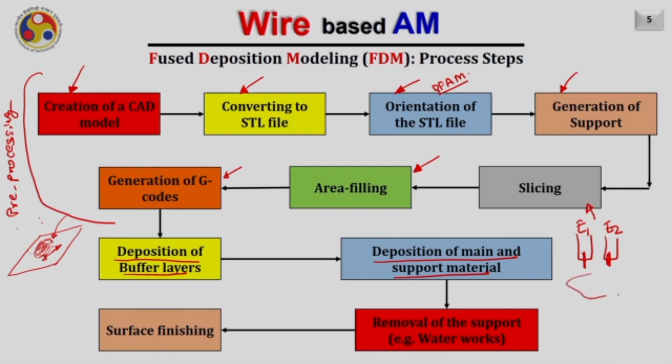For example, you are building this slice in which this region requires the main material and this is the portion which requires the support material, which is going to support the overhanging feature which will come above somewhere. So to add material in this region, extruder 1 will be used, and to add material in this region, extruder 2 will be used. These two major steps in the build process can realize the entire part, and this process is called the build process.